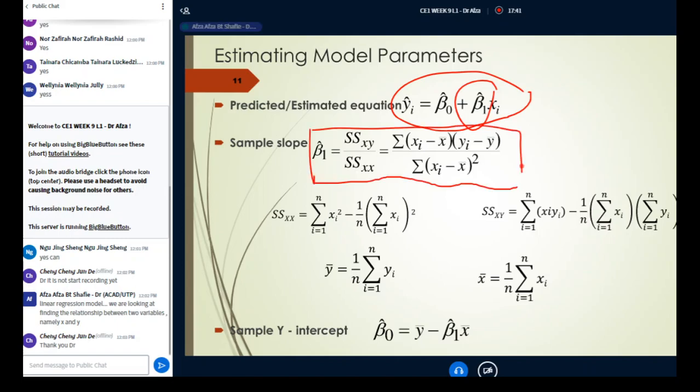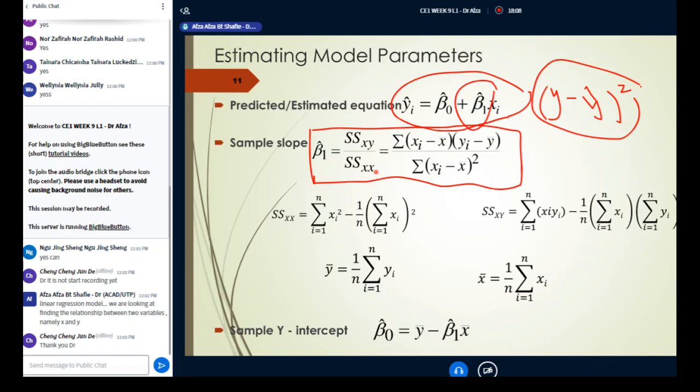So how do we get this value? We take y minus y hat squared, and then we do the differential with respect to x, then we end up with this situation. The beta 1 hat is given as the sum of squares of xy divided by the sum of squares of x.